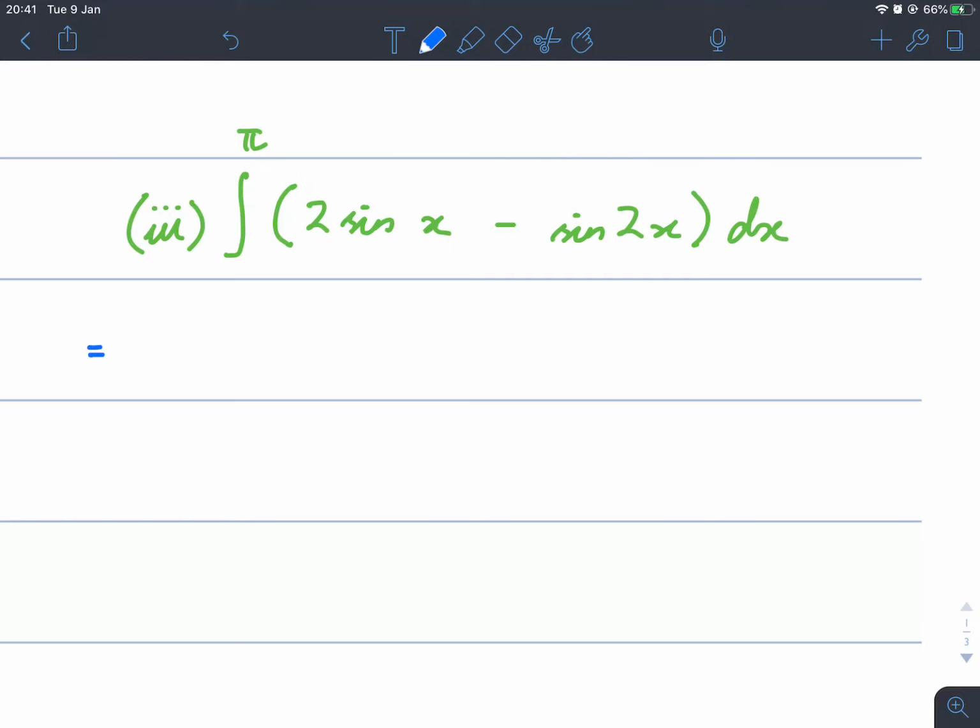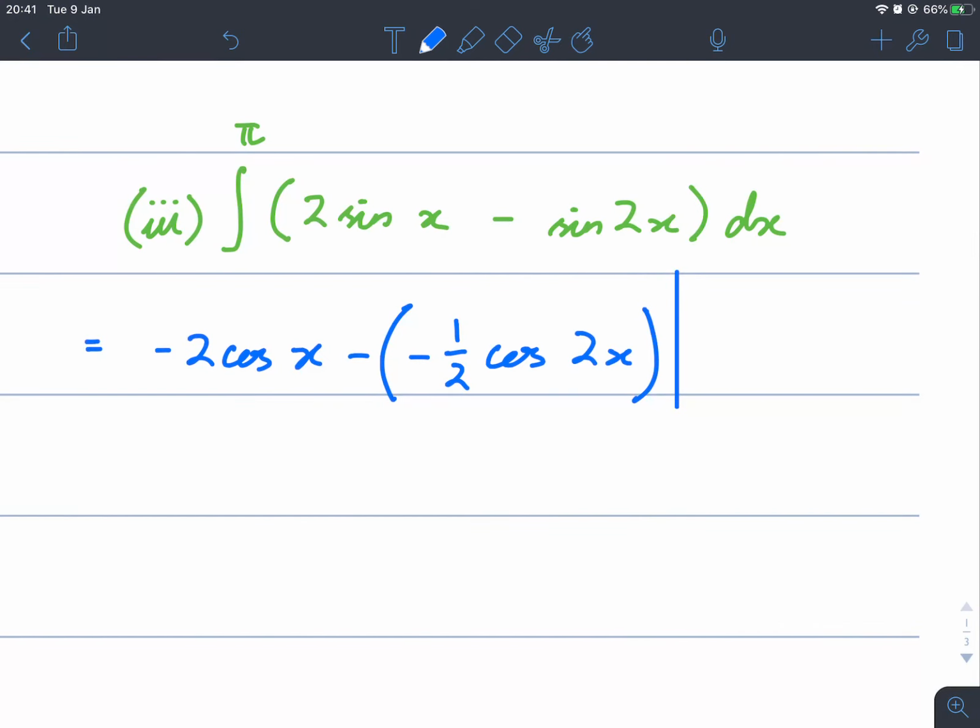So the integral of sine x is going to be negative 2 cosine x, minus the integral of sine 2x, which is going to be negative half cosine 2x, from, oops, I deleted a number here.